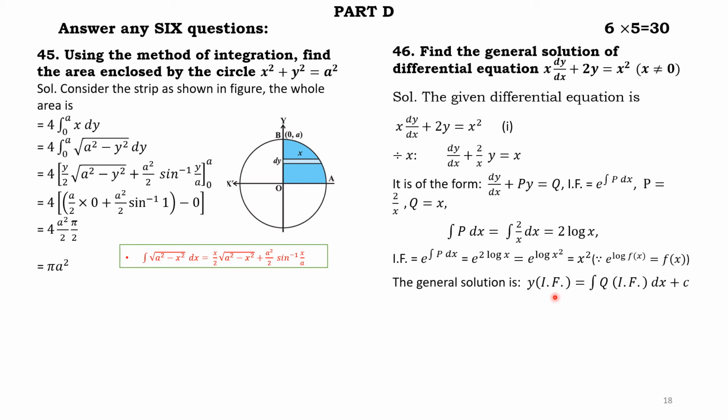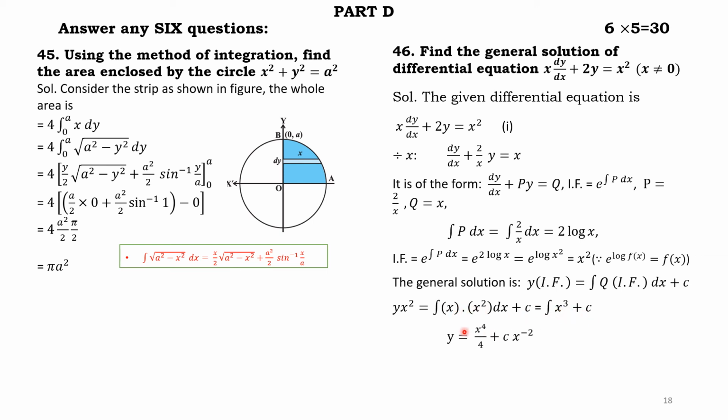Therefore, the general solution is given by the formula y into integrating factor is equal to integral Q into integrating factor dx plus c. Therefore, we will put these values. y into x square is equal to integral x into x square dx plus c, that is equal to integral x cube plus c.